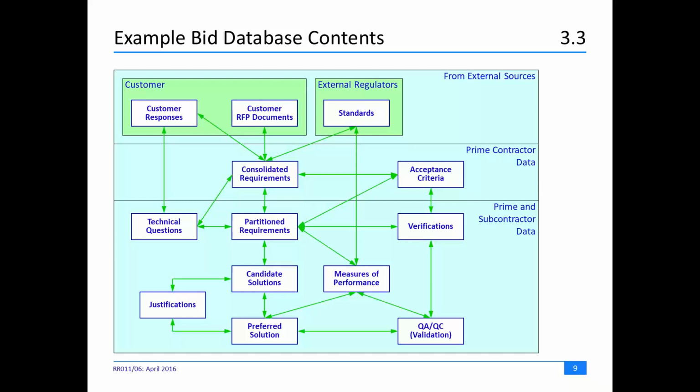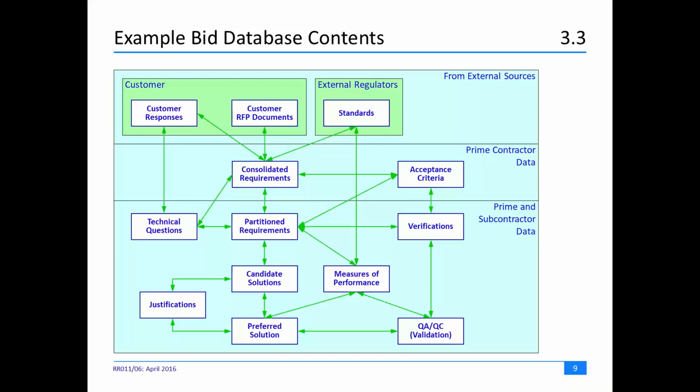And then from these customer RFPs, we might produce consolidated requirements. If we're involved in subcontractors, we might partition those requirements into sets of partitioned requirements. We might have candidate solutions which evolve into a preferred solution through a set of justifications.